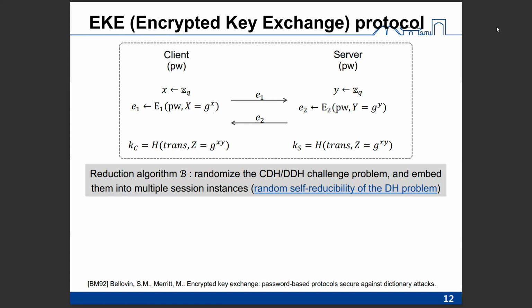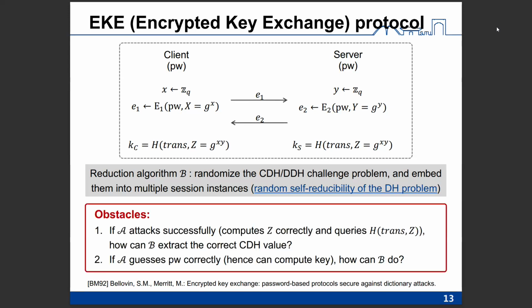But we may face the two following obstacles. First, suppose the adversary A attacks successfully, for example, is all powerful and can compute the CDH problem. So that means it can compute the real session key.